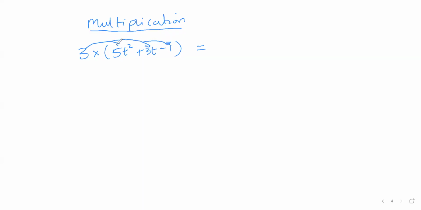That's how the multiplication works, so that we get 3 times 5t squared plus 3 times 3t minus 3 times 1. Okay, and it gives us 15t squared plus 9t minus 3 as our answer.